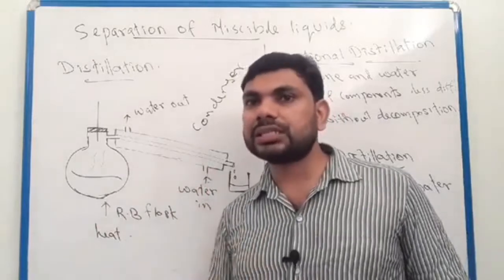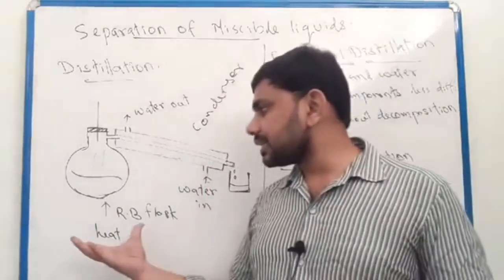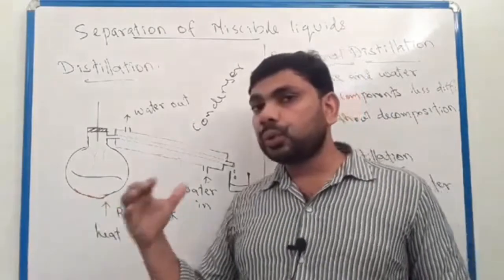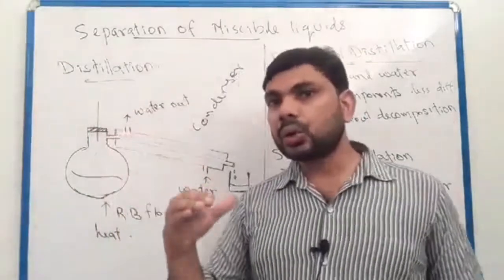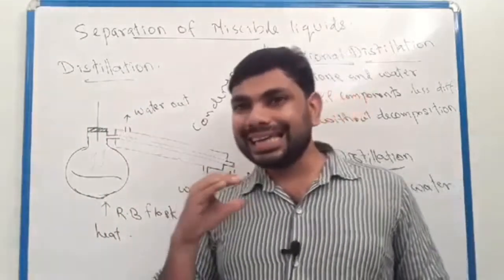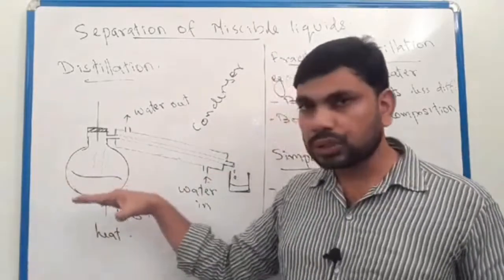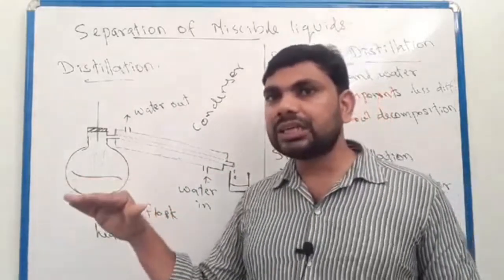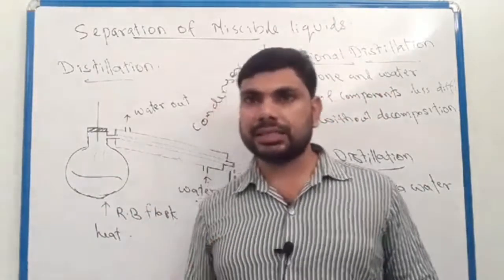Around 80 degrees Celsius. Clear? Water boils at 100, alcohol at 70. So at 80 degrees Celsius all the alcohol changes to vapor, but water stays over here. At 80 degrees Celsius, water does not boil, it needs 100 degrees Celsius.